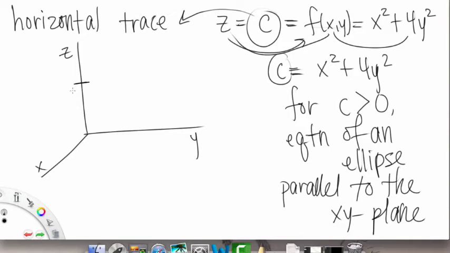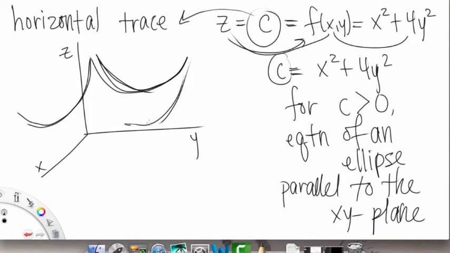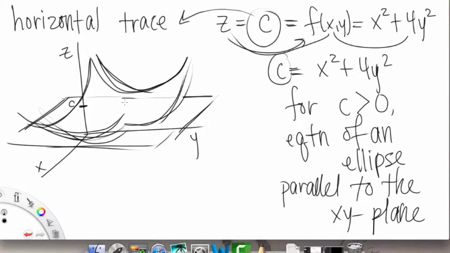Let's say we had some kind of graph. In the xz direction we had some kind of parabola, and in the yz plane we had some kind of parabola like that. It looks kind of like a weird-shaped bowl. Now at one height, let's say c is here, here's our plane, and we'll draw dashed lines there. This plane is going to cut through at an ellipse.